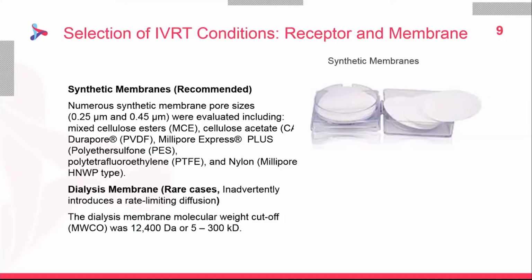The membranes are immersed in the same volume, let's say 10 milliliters of cell volume. The membrane should be soaked for a period equal to or greater than the length of the IVRT experiment, let's say 6 hours. The incubation temperature is 32 or 34 degrees, depending on the scenario.